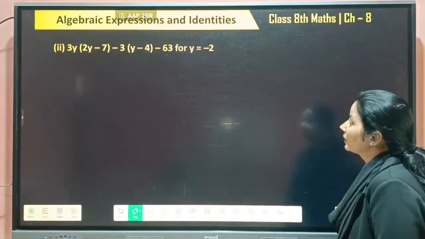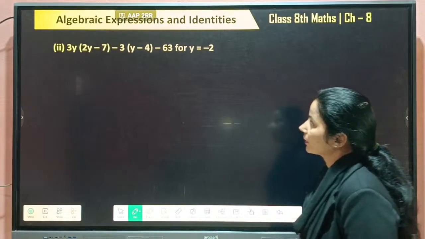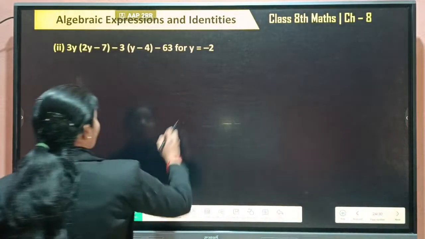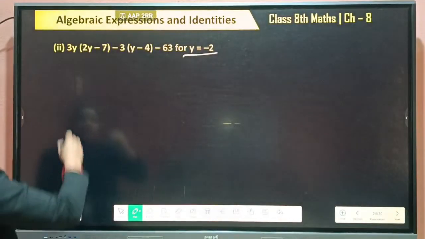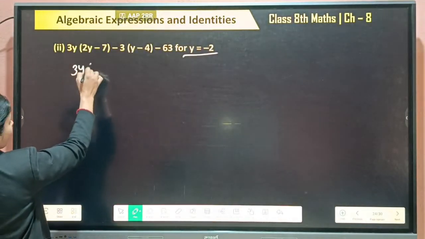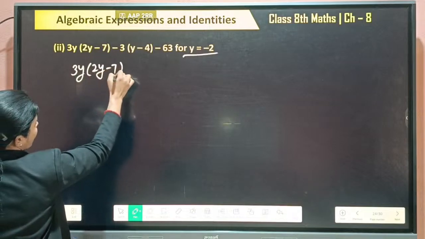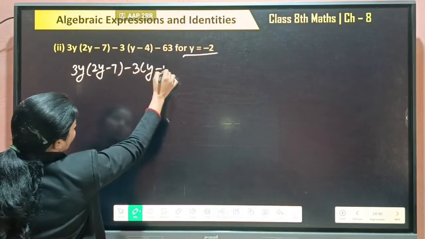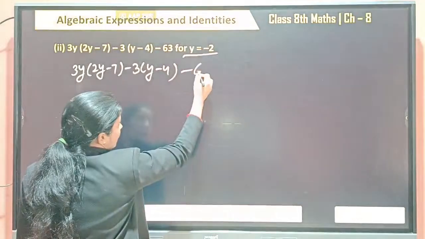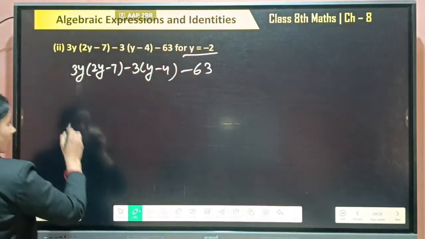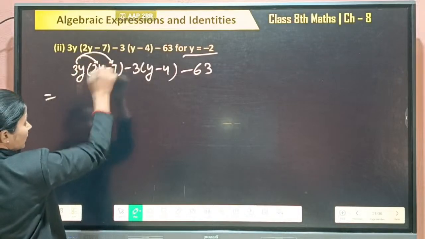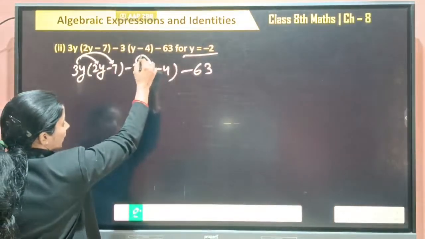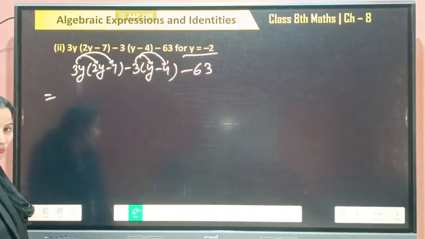Now example number 5, second part. Simplify and find its value when y equals minus 2. Let us simplify. 3y into 2y minus 7, minus 3y minus 4, minus 63. Multiply this 3y with 2y and then with 7, and this 3 with y and then with 4.